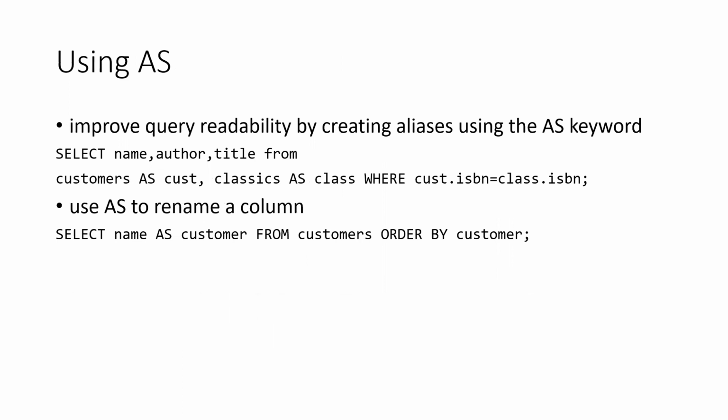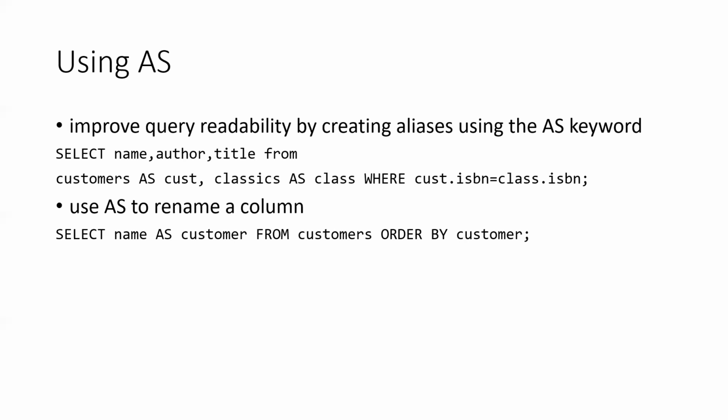Then the use of AS. In this particular case, it's used for renaming. So we have name, author, title from customers, and we name classics as class, so where you want to match, you can use these renames. You can shorten it, you can rename the table.